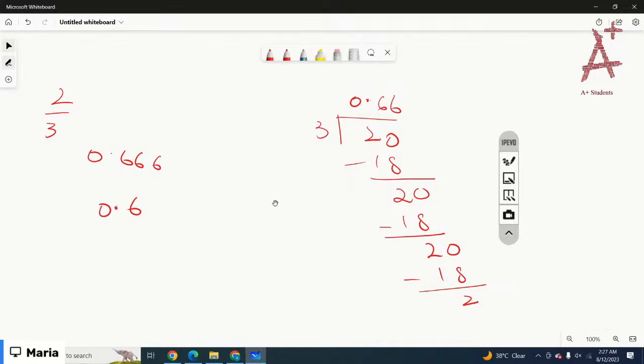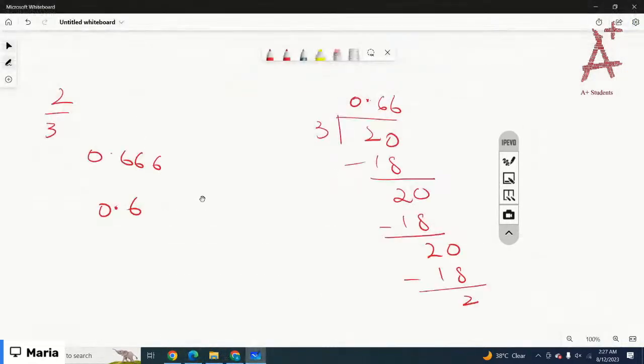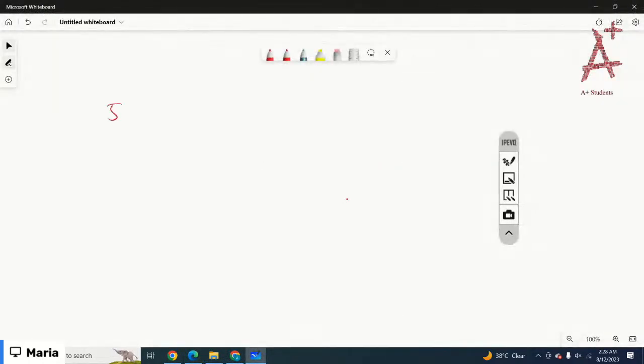Okay, let's just start with another example. The next one is 5 over 6. So you have to do the same thing. Either you can use a calculator or you can divide, right?